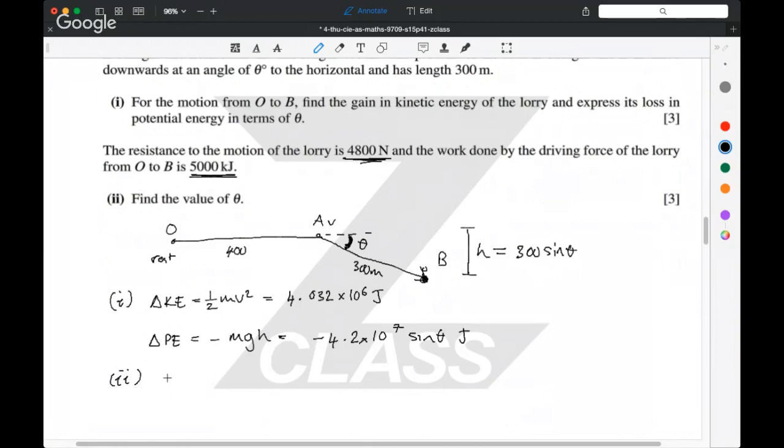We can say that the work done by the engine is equal to the gain in energy, and if the gain of energy is negative, it means you've got energy loss, plus the resisting force times distance. So that's the resistance to motion.